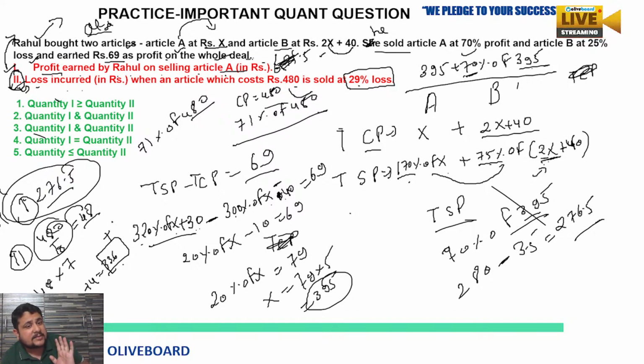So your answer is going to be what? Some of the options are not mentioned here. Second option is quantity 1 is greater than quantity 2, and third one is quantity first is less than second. So as you know, quantity second is greater, option third is going to be our answer. Quantity second is greater than quantity 1. Clear?